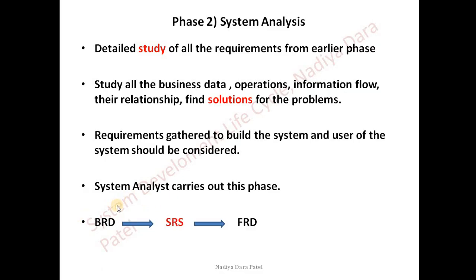We have already discussed three important documents. Depending on the system and the company, n number of documentations are generated or created. But three popular documents are BRD, which is Business Requirement Document, and SRS, which is the developers' or coding people's friend, the System Requirement Specification or Software Requirement Specification document.